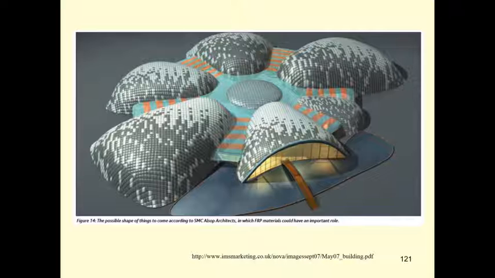And in the future, this is a possible shape of things to come according to the architect, Alsop. This architect company said FRP material could have an important role in this kind of building. It may not be a house, but it may be like an exhibition hall.